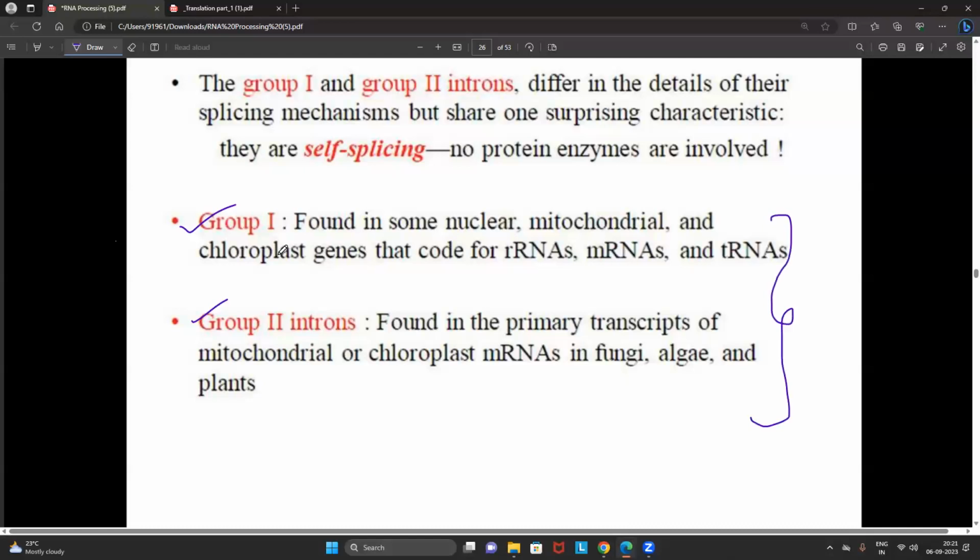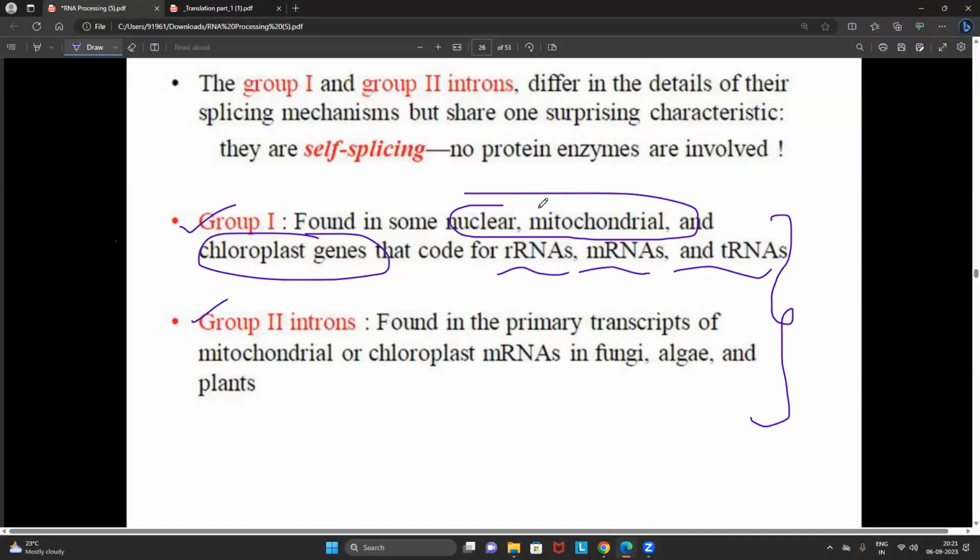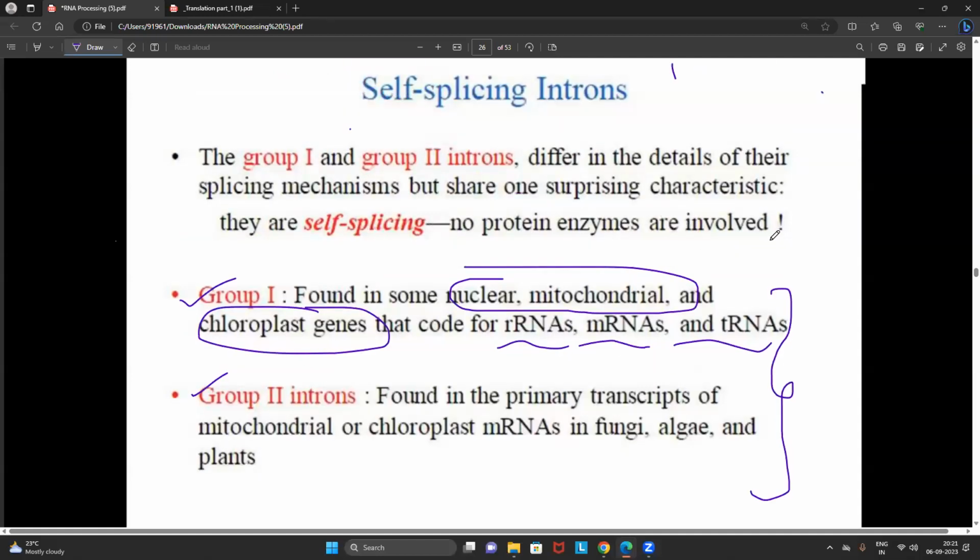Just listen. Group 1 is found majorly in the nuclear, mitochondrial, and chloroplast genes, which are coding for rRNA, mRNA, and tRNA. In the afternoon class, we discussed this, right? Mitochondria and chloroplast can code for their own tRNA and rRNA. I don't know whether any of you remember, in the afternoon class I showed you one thing.